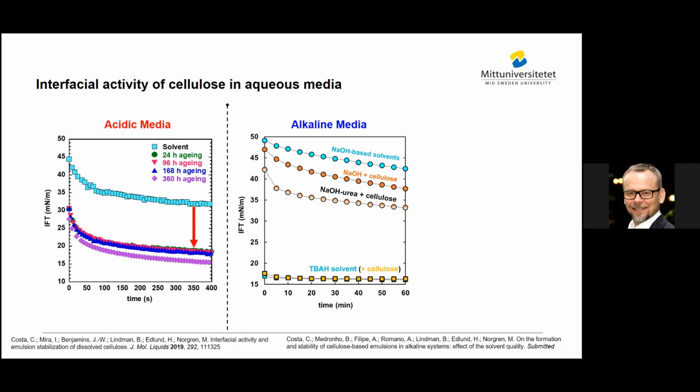And that makes also sense when you look at the IFT, that it goes further down. So in the first curve, you have both sodium hydroxide and urea in more or less the same line as it's represented by the bluish curve. But here when you have cellulose and sodium hydroxide urea, you get even further down.